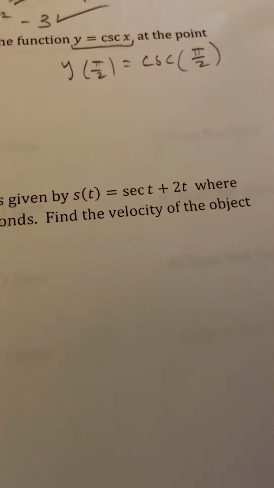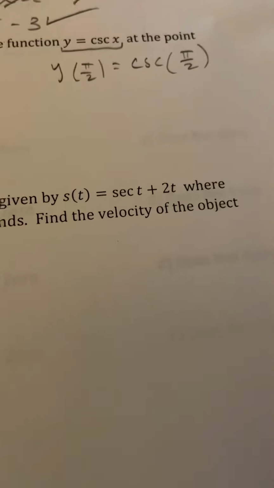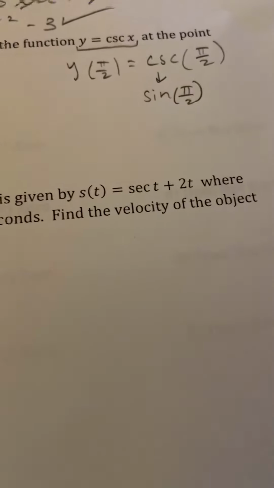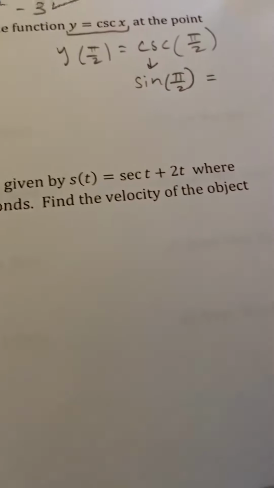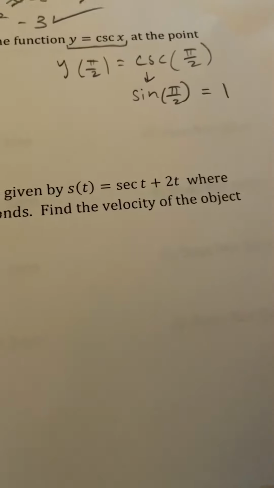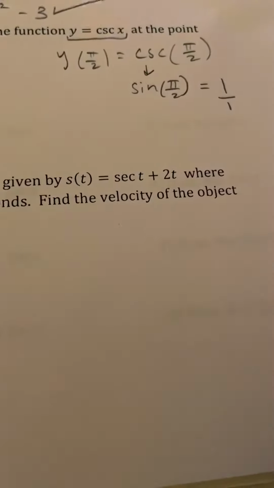So what I always like to do is figure out what sine of pi over 2 is, and then just flip the numerator and denominator, because that'll be my answer. And sine of pi over 2 will be 1. And if we flip 1 over 1, either way, we're going to get 1. So my y value here is 1.